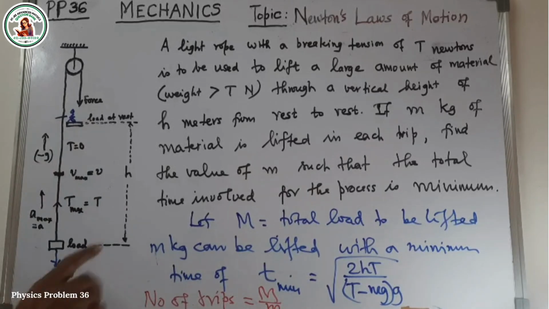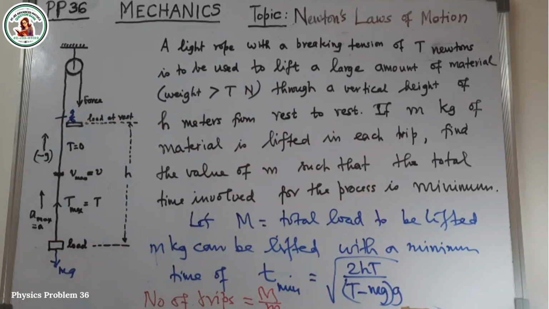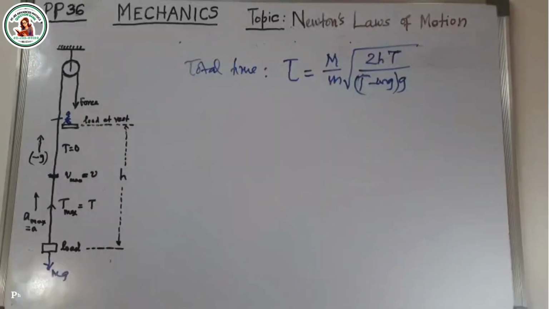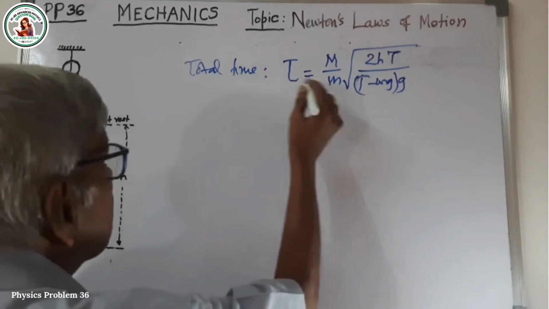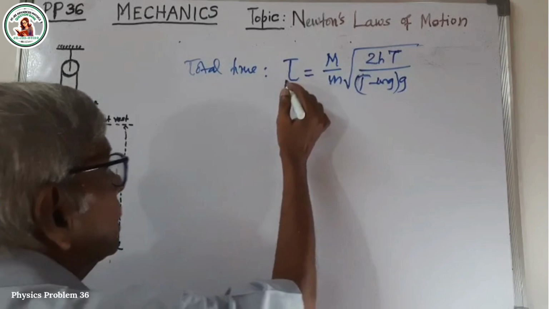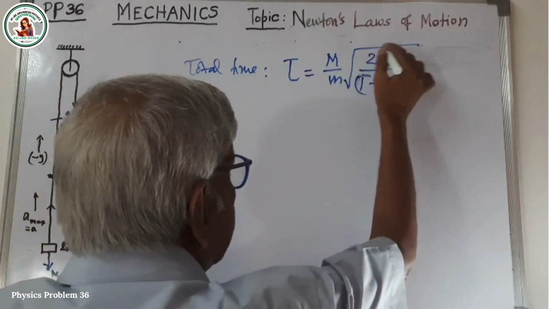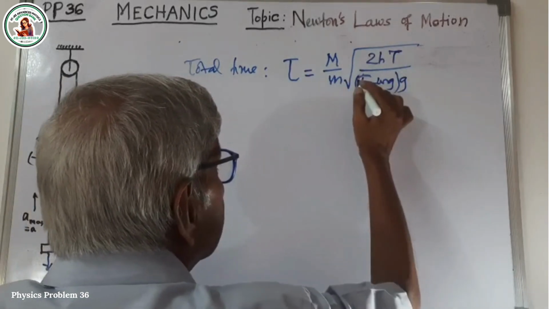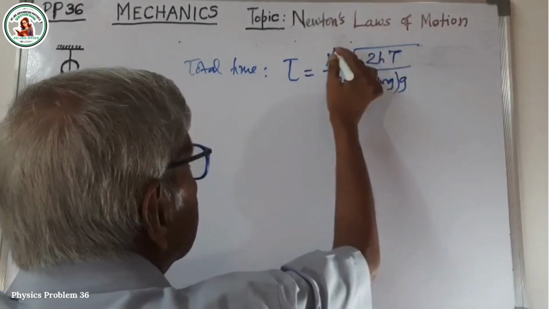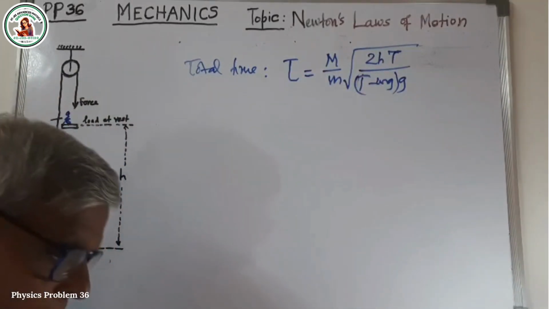I will delete part of this question before I proceed further. I have written down the total time, denoted by tau. Single trip minimum time is this, times the number of trips, so total time is that.